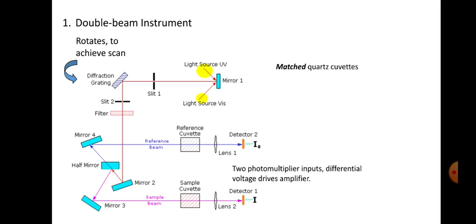Here we need to have matched quartz cuvettes. As I told you when we discussed the sample holder, we have to have a pair of sample holders or quartz cuvettes, and these pairs are matched with each other to avoid error. For the sample we take to record the absorbance, as Beer-Lambert's law is obeyed only in dilute solutions, we need to prepare a sample solution of concentration 10^-5 molar.